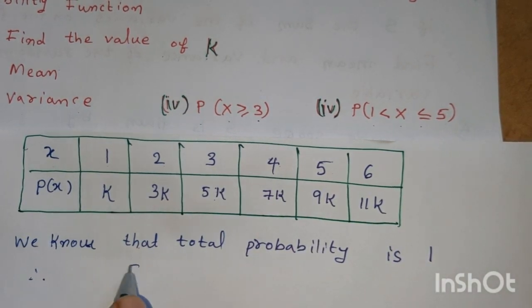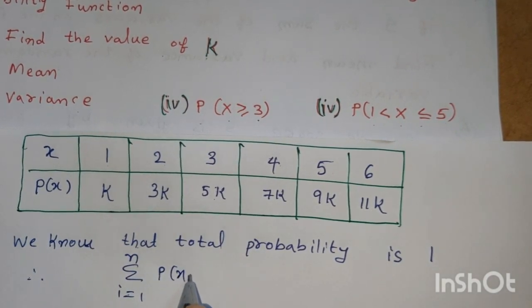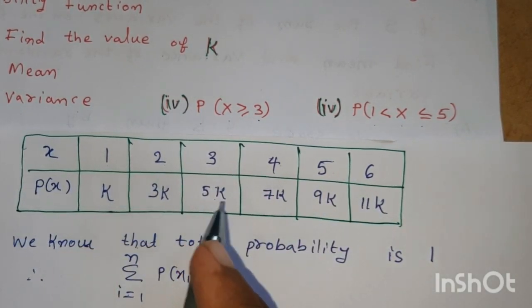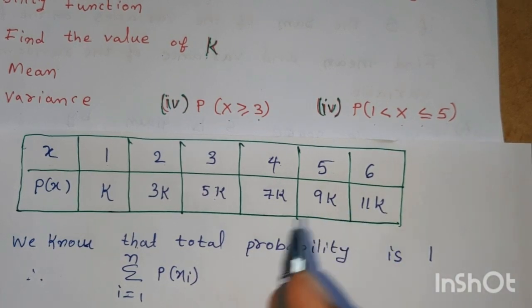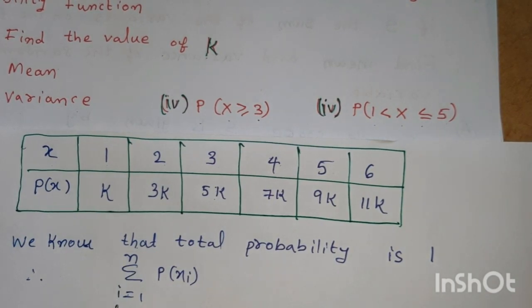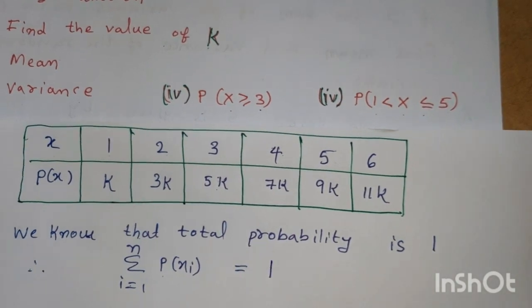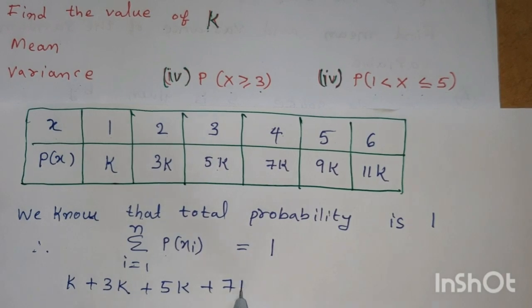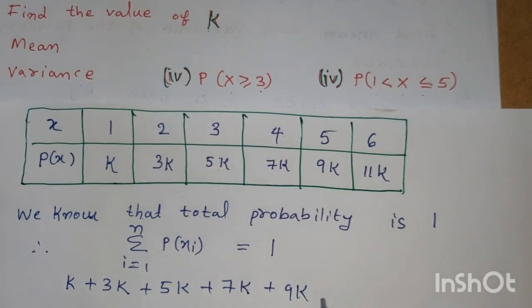That is sigma i equal to 1 to n of P of xi, that is P of x1, P of x2, up to P of x6. The summation of their probabilities is equal to 1. That is k plus 3k plus 5k plus 7k plus 9k plus 11k is equal to 1.